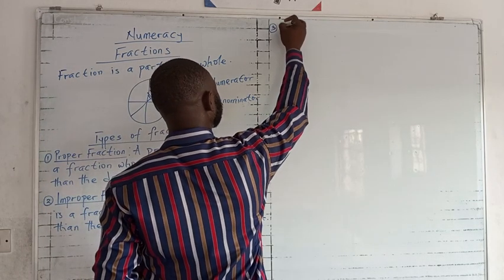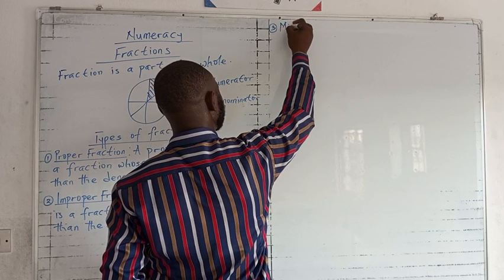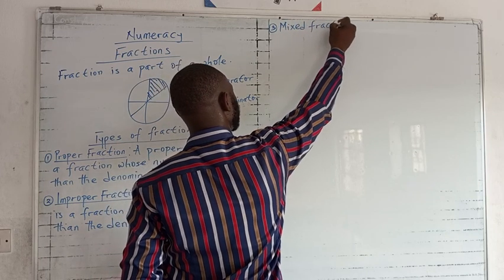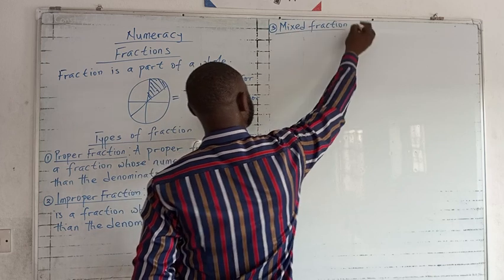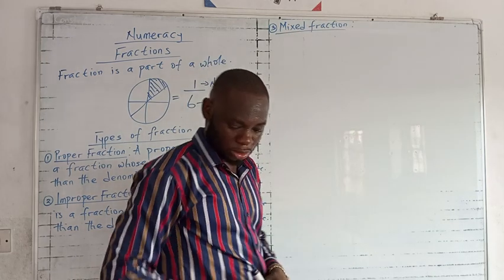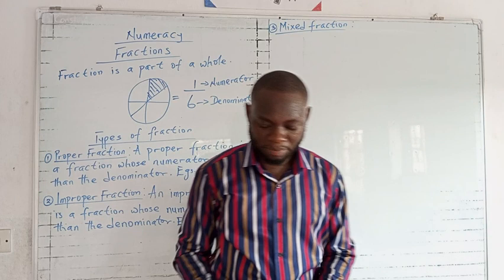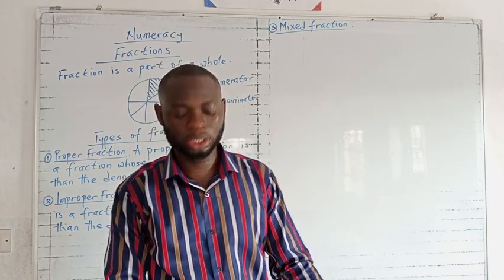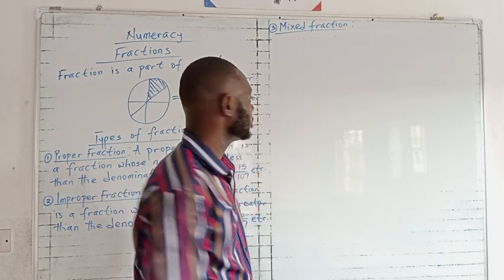The third type is the mixed fraction. Like I said, a mixed fraction is a fraction that consists of a whole number and a proper fraction.